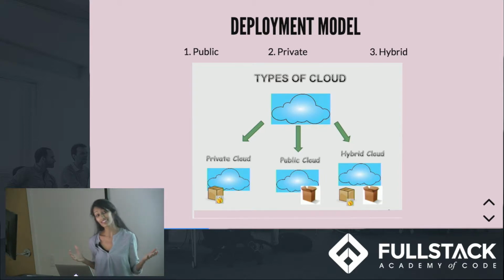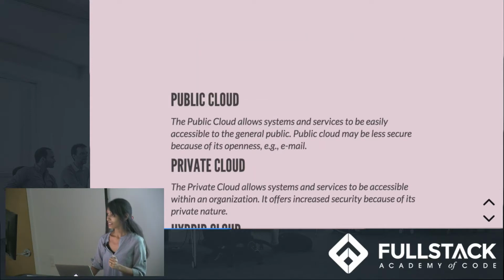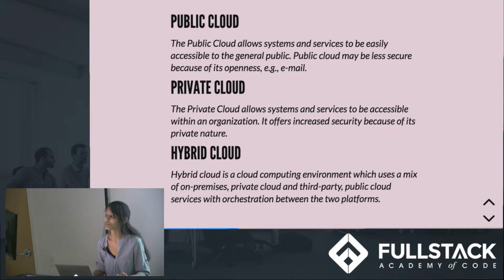Whatever you can access comes under public cloud. And as it is accessible to everyone, it is not that safe to put any of our important information on public cloud. So that was public cloud.